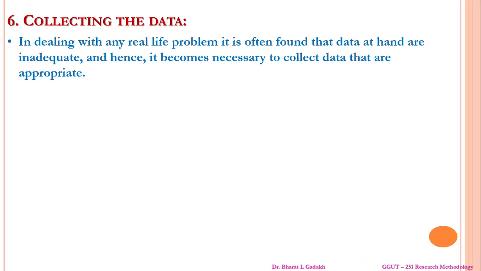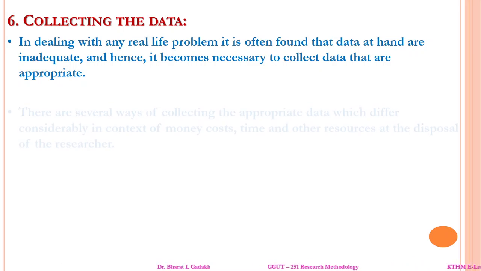Now, collecting of the data is the next point. In dealing with any real life problem, it is often found that the data at hand are inadequate, and hence it becomes necessary to collect data that are appropriate.